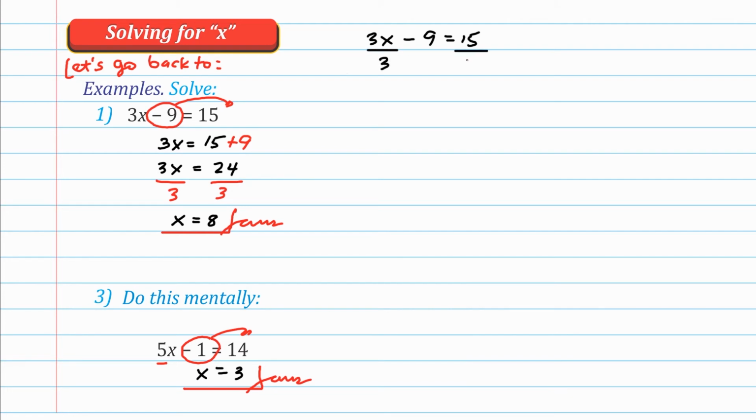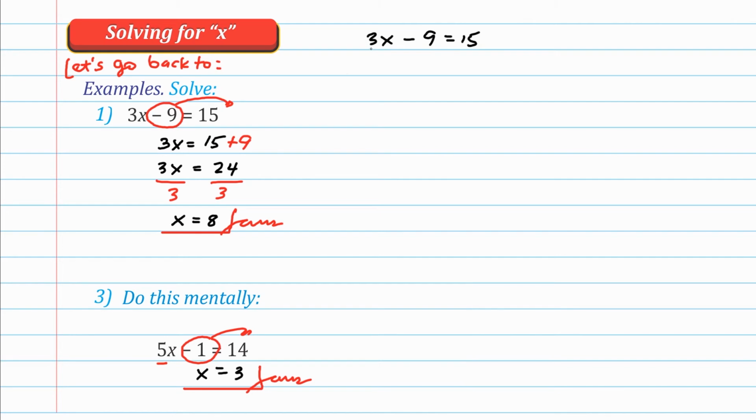Divided by 3 din ang right side. Now, yon ang problema. Take note, our properties of equality are saying that when you do one thing on one side, you do it to the whole side. Meaning, dapat yung divided by 3 kasama pati si minus 9. So let me try and do that again.